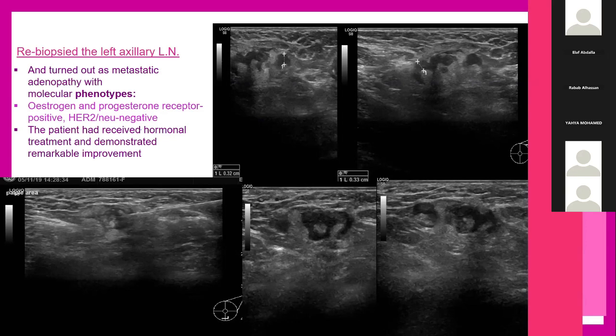She did the second report and reported it as metastatic adenocarcinoma from a breast primary, with a molecular phenotype of estrogen and progesterone receptor positive, HER2 negative. And the patient received hormonal treatment and demonstrated remarkable improvement.